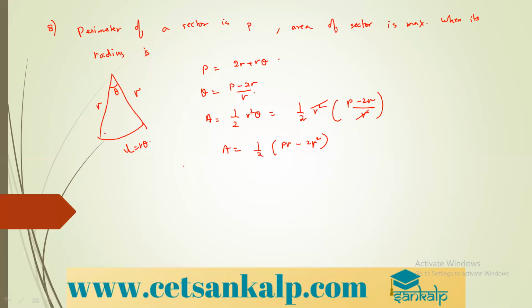For maximum, we will take the derivative with respect to the radius: 1 by 2, the perimeter is a constant, derivative of r is 1, minus 2 is a constant, derivative of r square is 2r. You have to set it equal to 0. So P minus 4r equal to 0, or P must be equal to 4r. R must be equal to P by 4. That is what is given in the option.